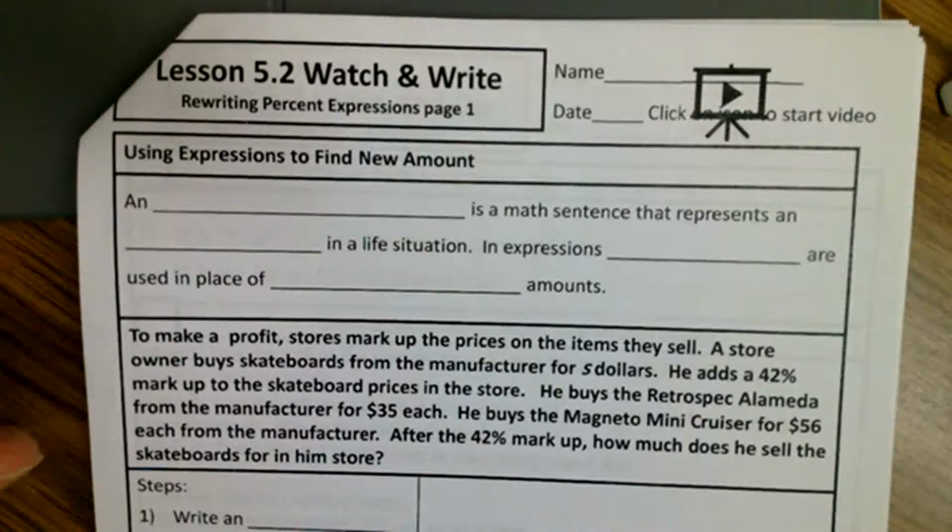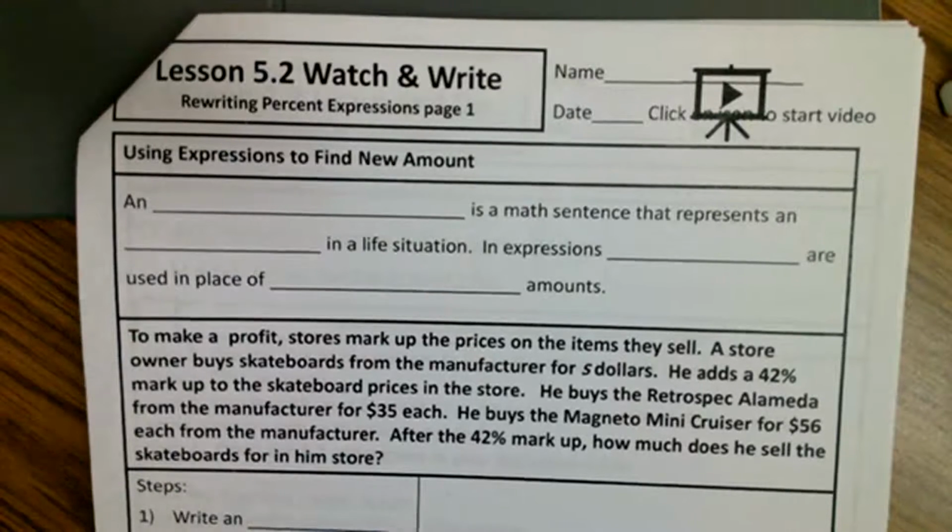In this lesson, we're going to talk about markups. A markup is how much they add to the price of something. When you get something at the store, the people who own the store buy those items from a manufacturer, basically the company who makes those items. When the store buys them, they mark the items up so that they can make money.